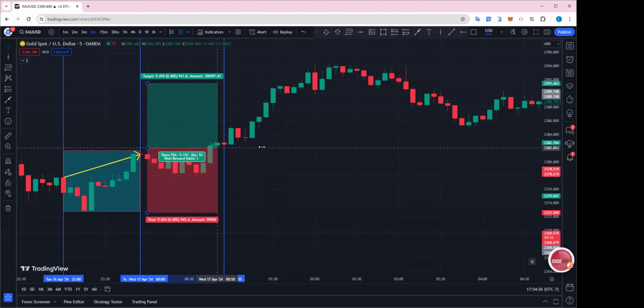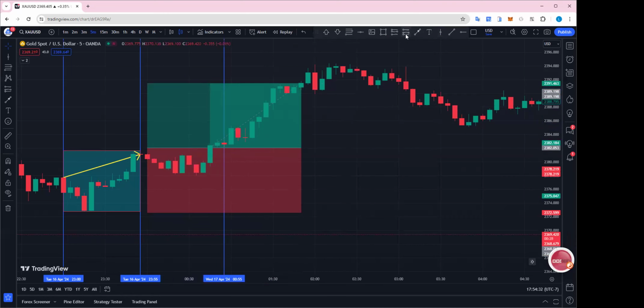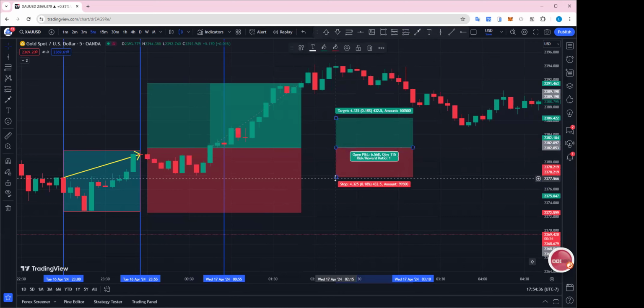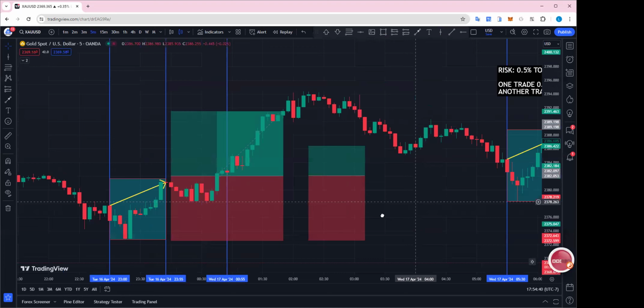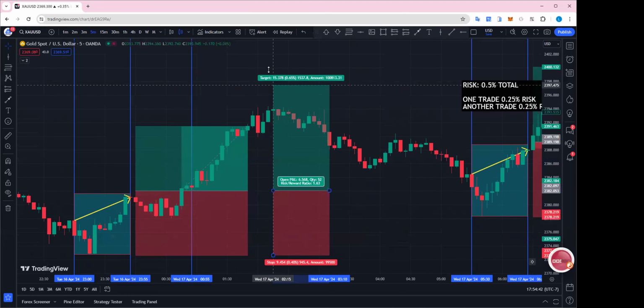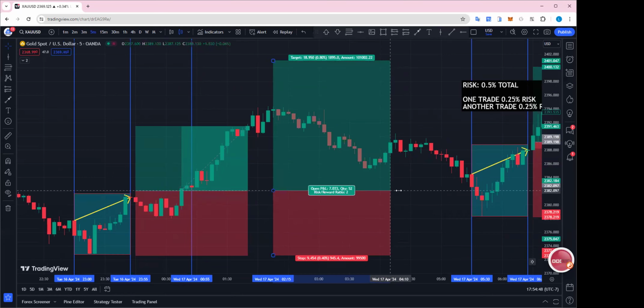So if we place 2 trades, then this was 1, and the other one was the same, but TP2 will be all the way to here, right? So look what happened.